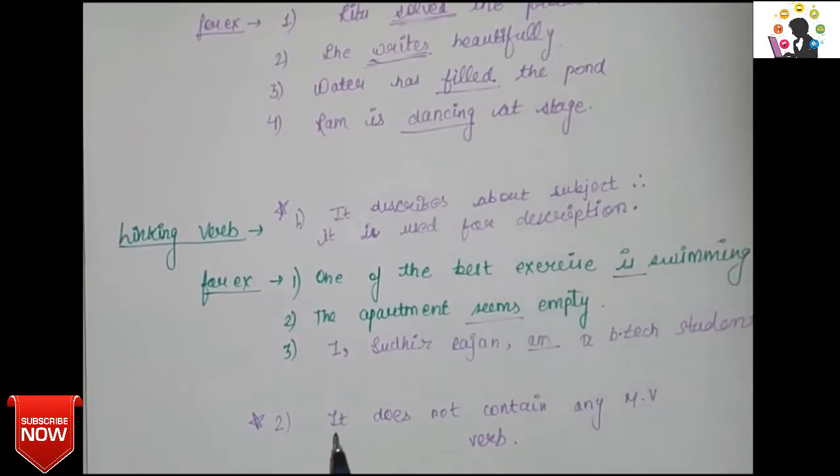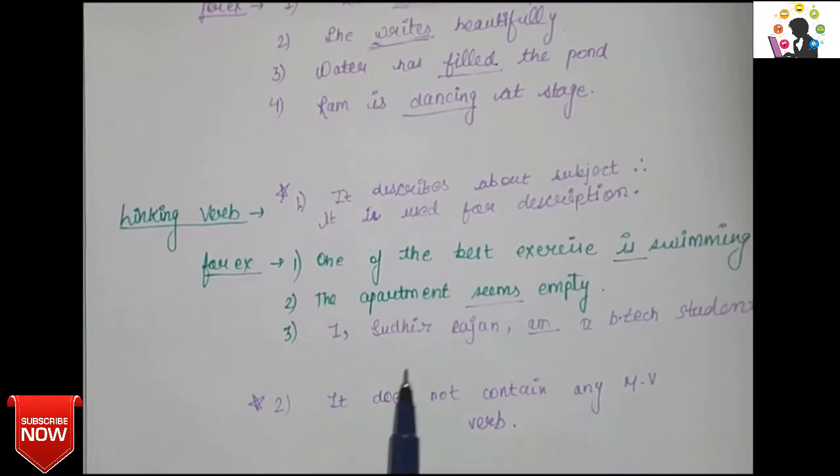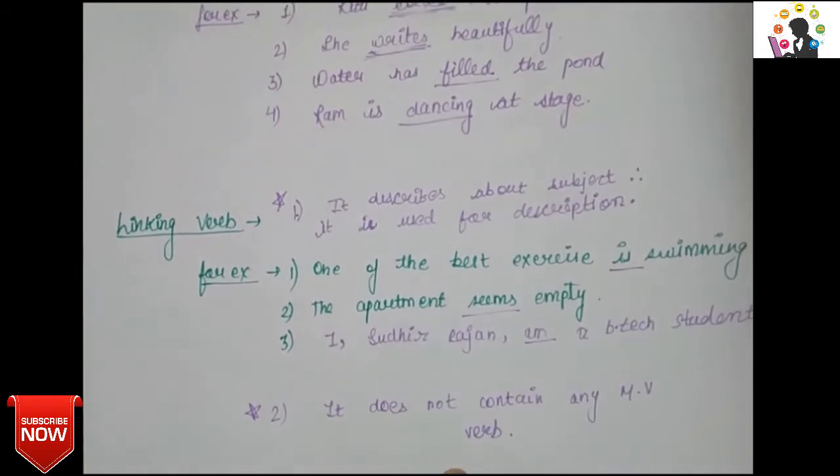Why? Because first, it does not have any main verb, and second, it tells about Sudhir, the subject, and describes who Sudhir is. So we can easily identify a linking verb.